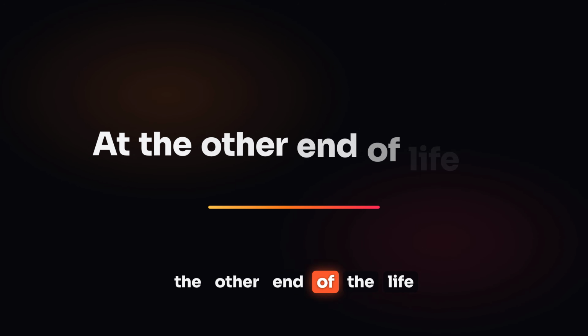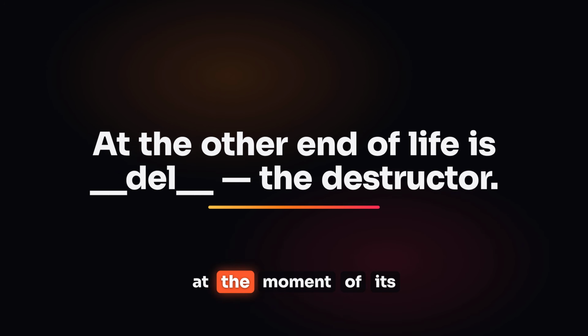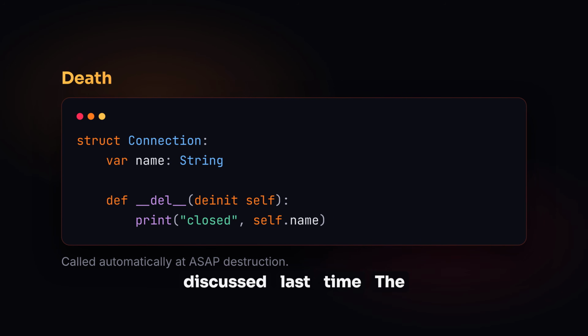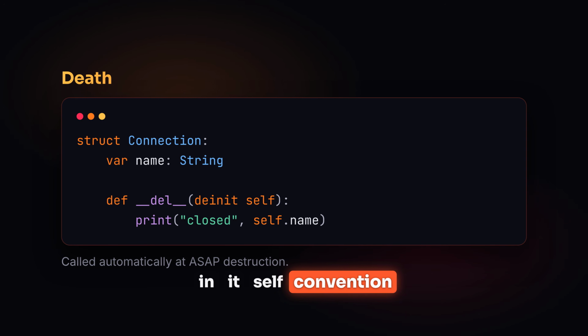At the other end of life is del, the destructor. Mojo calls it automatically at the moment of ASAP destruction we discussed last time: the instant the value is last used. Its job is to release whatever the value was holding. Notice the deinit self convention.